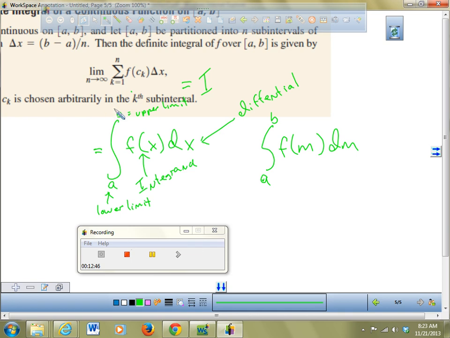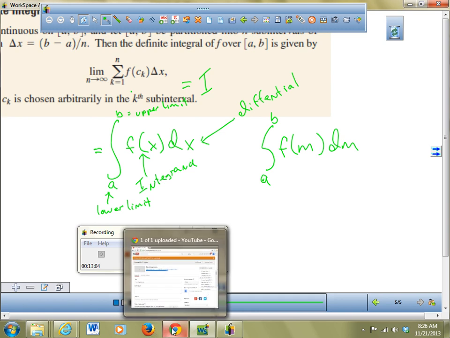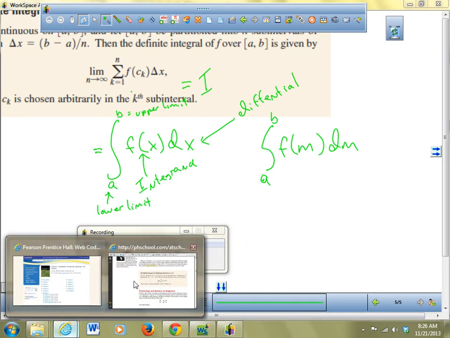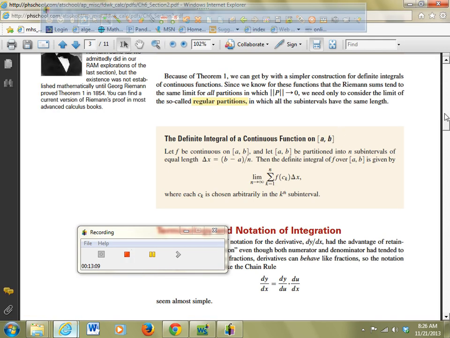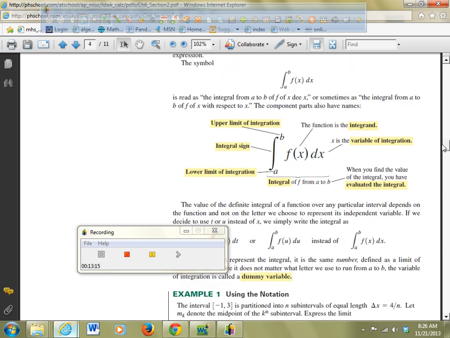So then, you'll see problems like this. I'm not going to write down this whole problem because it'll take too long. So there you go.